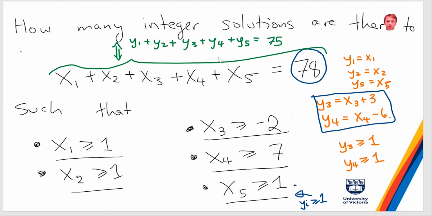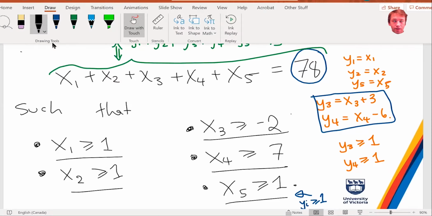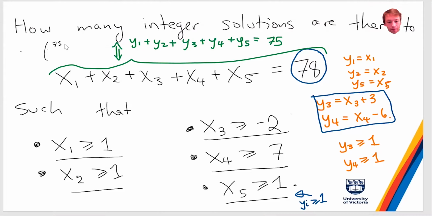So we solve the problem with the y's: y1 up to y5 equals 75, with the constraint that all of them are at least 1. The number of solutions, as we've already seen, is 75 minus 1, choose 5 minus 1. So 74 choose 4.